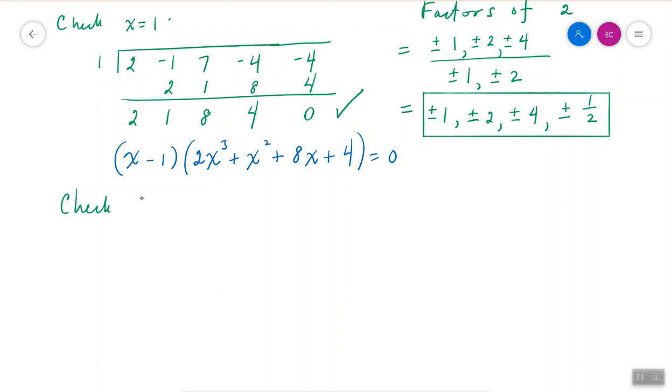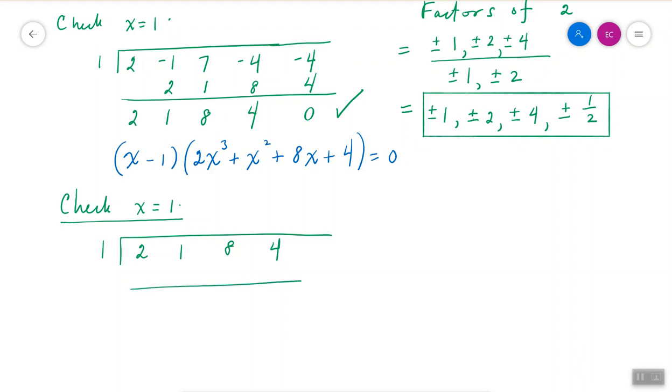So let's check x equal 1, and remember, this time we're just dividing into the cubic, so our coefficients are going to be 2, 1, 8, and 4, and when we do the division we get 2, 2, 3, 3, 11. We can see this is not going to work, and so we'll try again.